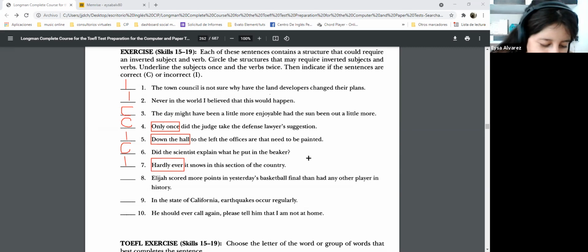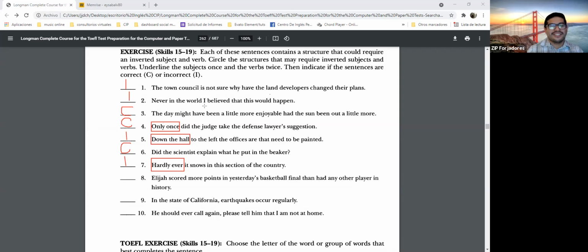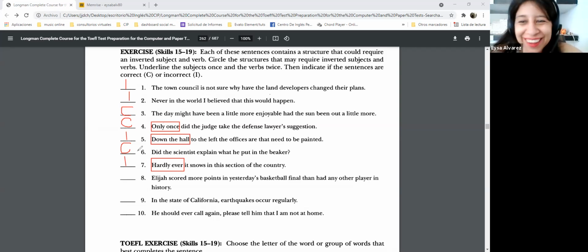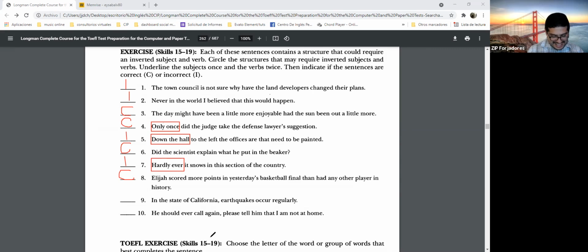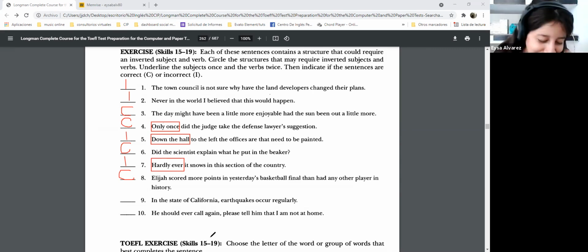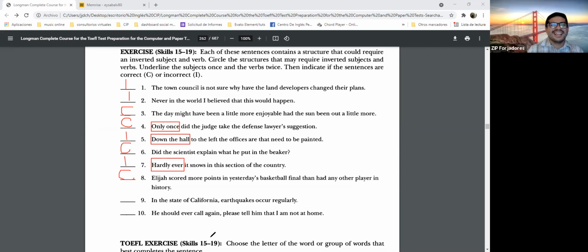All right, number 8. The number eight is correct. But a funny thing happened to me here, because I was confused. I know that here we have the subject Elijah, like the Frodo actor, Elijah Wood.